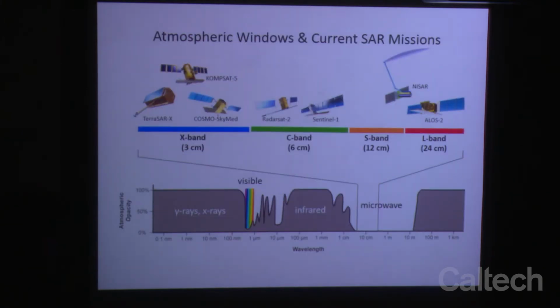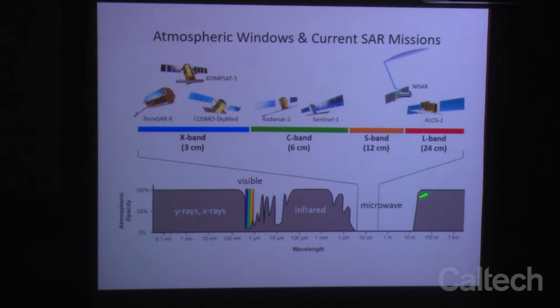So why use microwave anyway? This is a depiction, courtesy of Paul Rosen at JPL, of atmospheric opacity throughout the electromagnetic spectrum. This is wavelength here, and this is the opacity of the atmosphere.